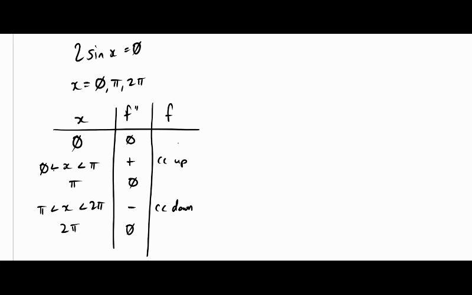I need to know my start points and my end points. This is the start, and it's 0, 0. This is a point of inflection at pi something, and this is the end at 2 pi. Oh, this is interesting. The function is x minus 2 sine x.